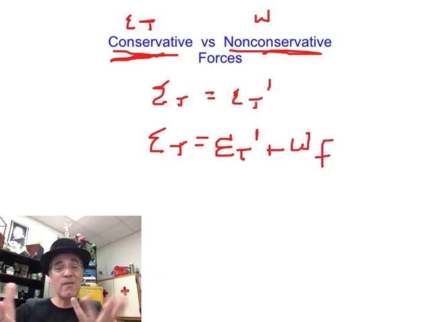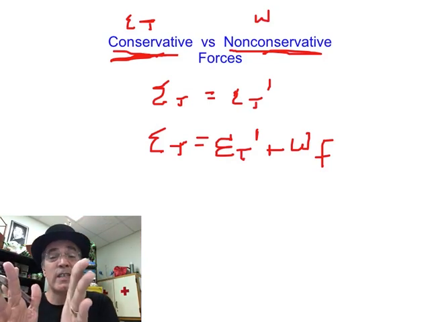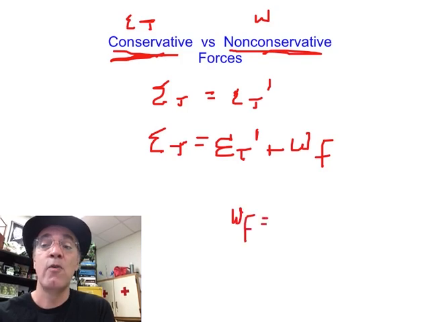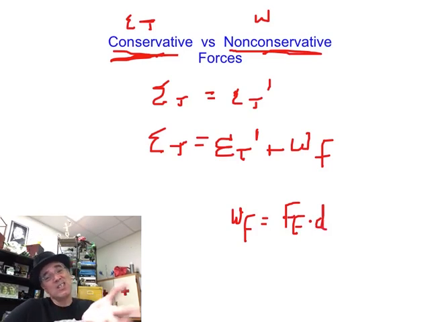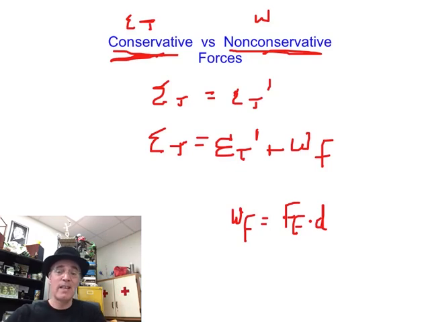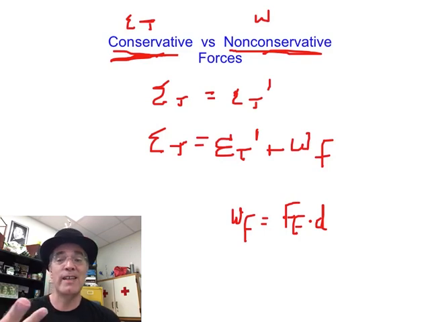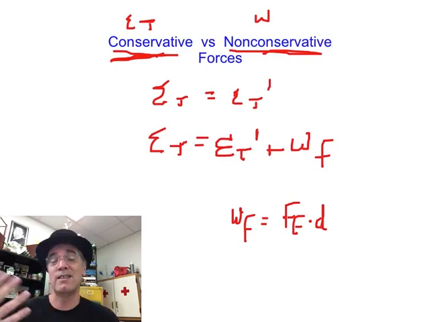And if we do that, we just have to find out what the frictional force is and how far it's applied. Because remember, the work, in this case friction, would be the force of friction times the distance over which it's applied. And work is essentially another kind of energy, and so that kind of makes sense. It's just that it's not something we can get back from it. And so once it goes in there, it's kind of lost to the other kinds. It's not lost, like it's still there, just we can't use it. Okay?